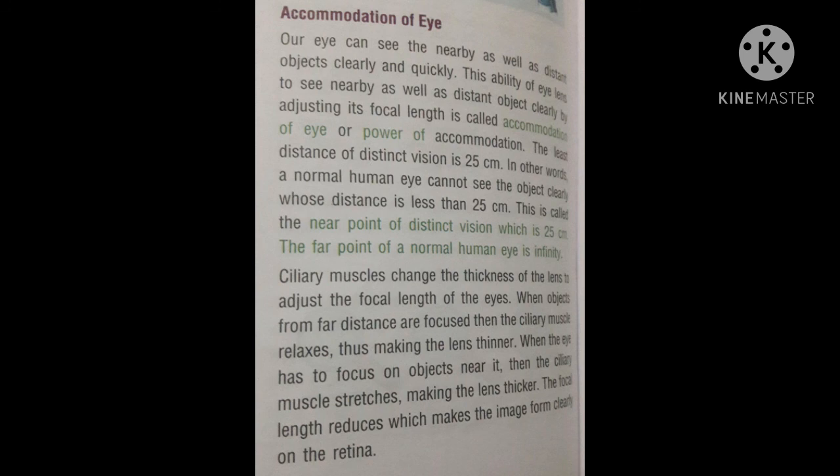The focal length reduces, which makes the image form clearly on the retina. So the ciliary muscles help in focusing the image of the object on the retina by increasing or decreasing the focal length of the eye lens by contracting and relaxing.